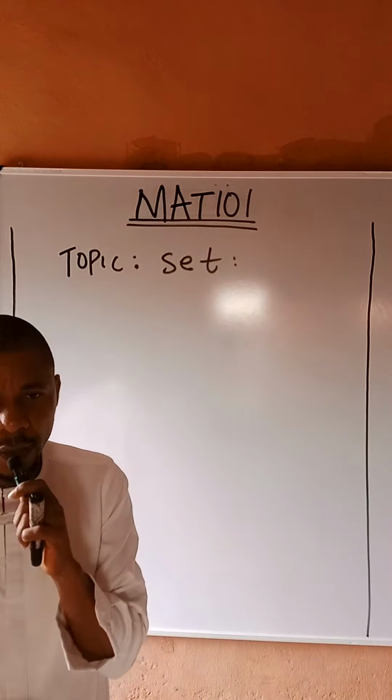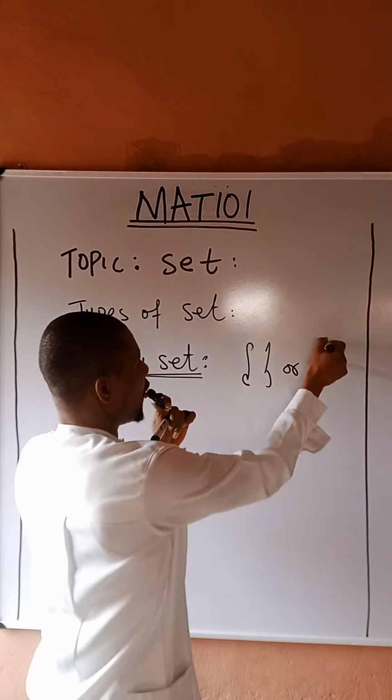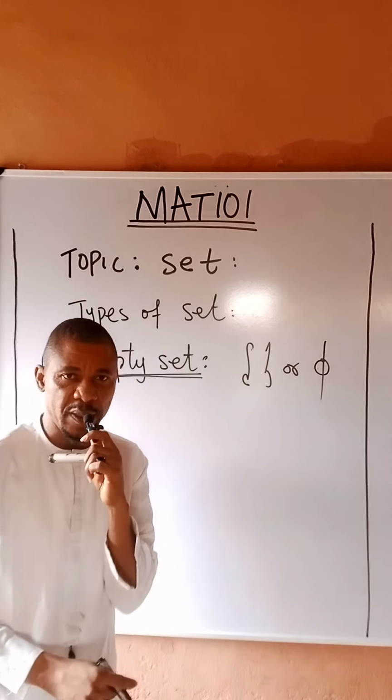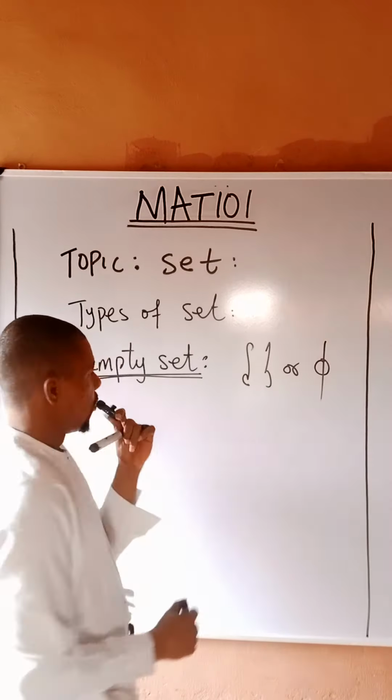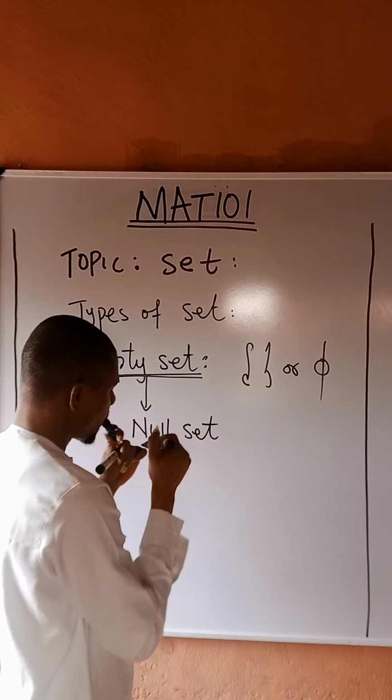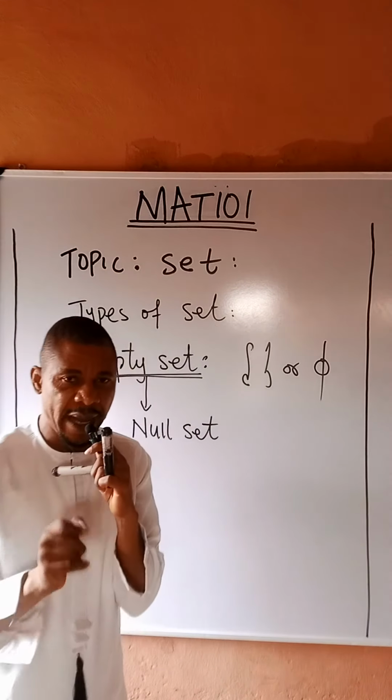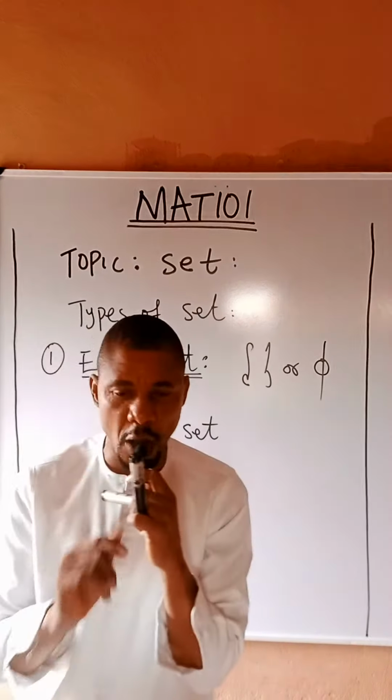And these sets can be represented using this symbol. This is the symbol for an empty set. We should know that another name for an empty set is the null set. So another name for an empty set is a null set.